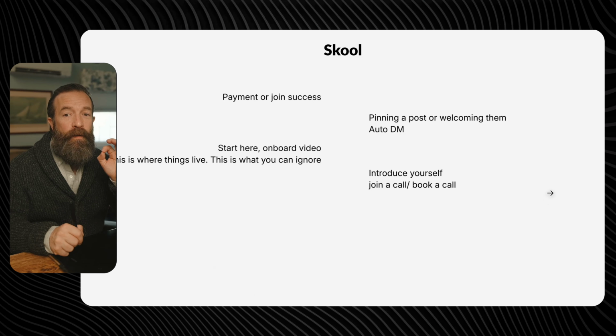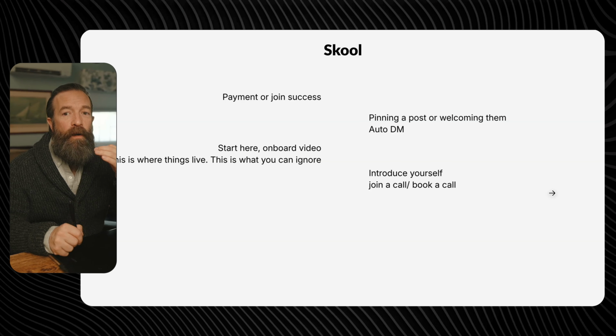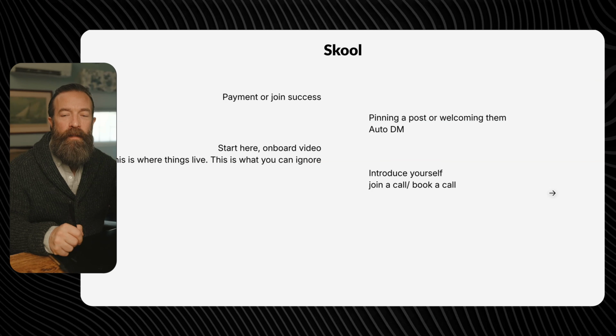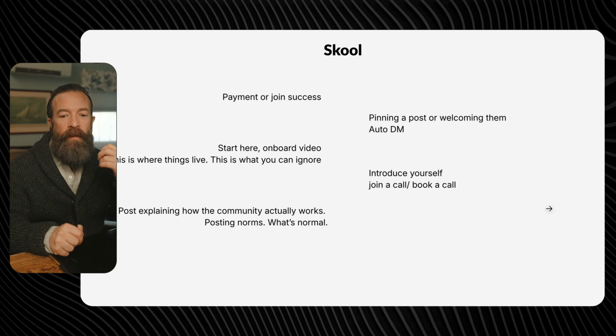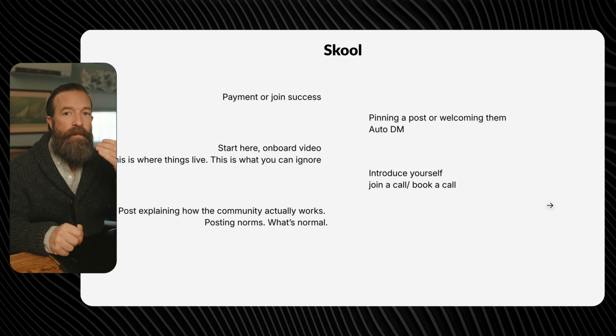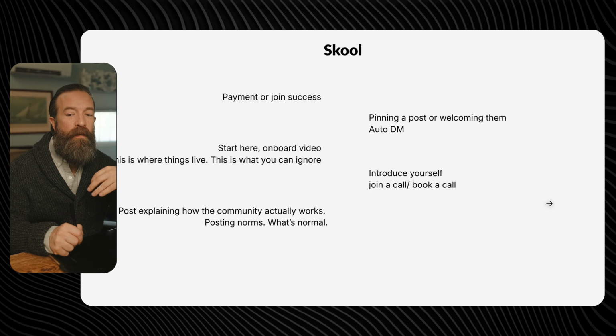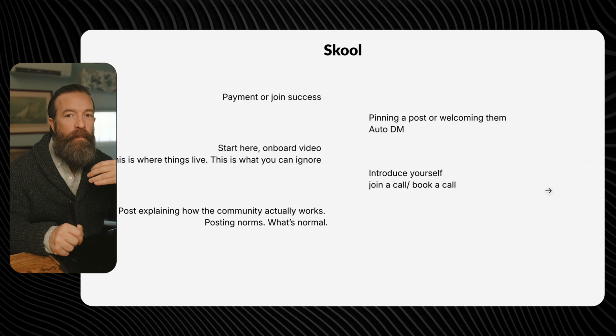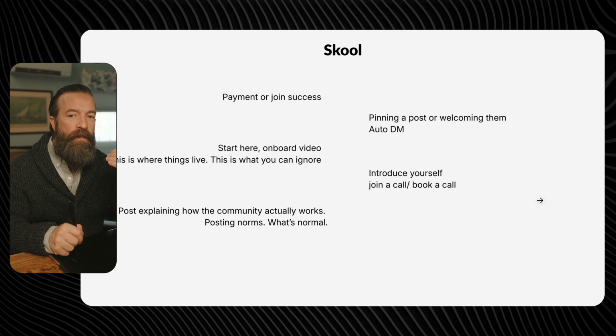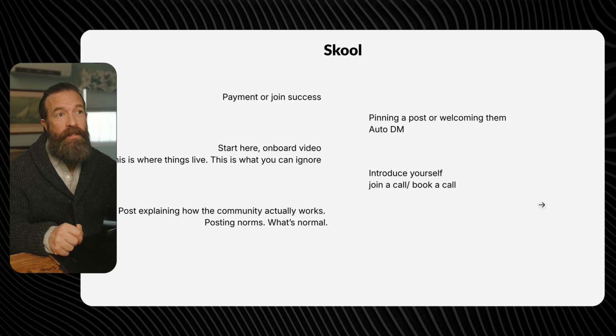And then you have your introduce yourself, like book a call, like, hey, welcome to the community, let's chat, right? And then you can post about the expectations, like here's how this community works, what's different, how do people work together, and what is the community like as a system?